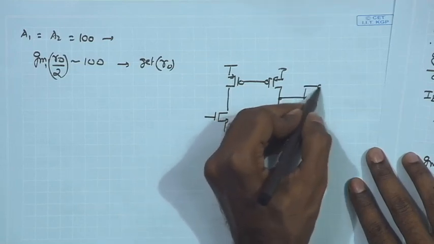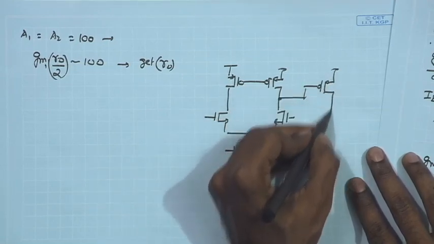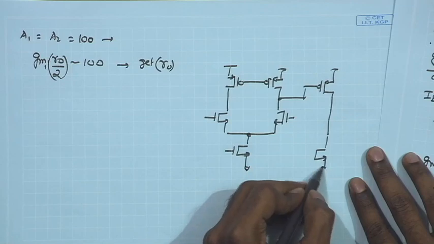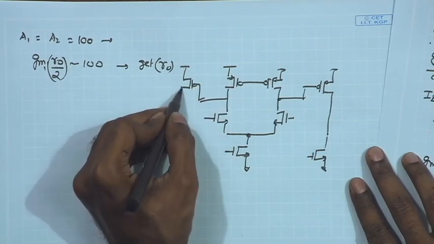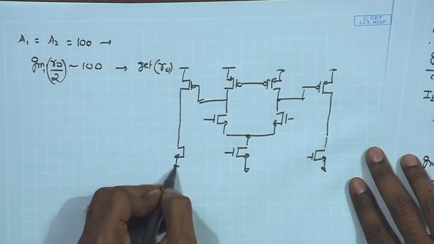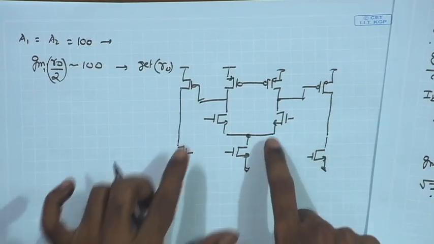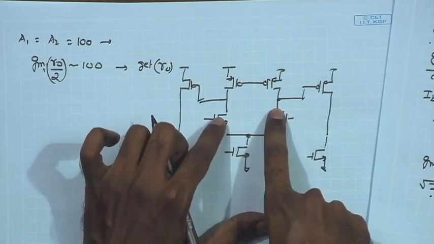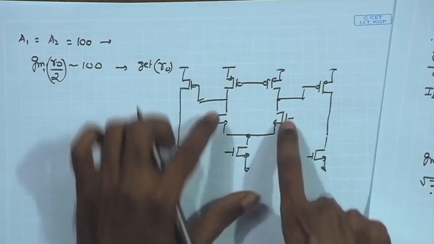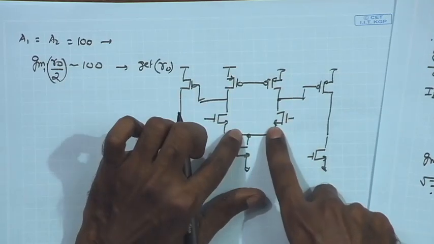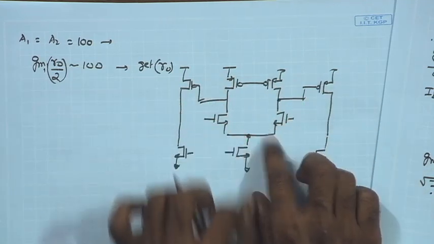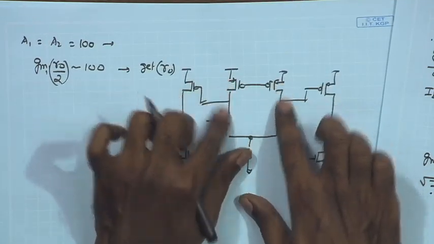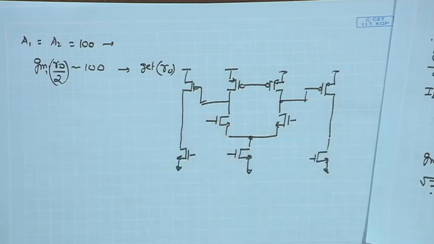So, once again, just for the sake of convenience, I am drawing the entire circuit, and the RO in the first stage is going to be the smaller RO of these two. So, first stage RO is going to be determined by RO P parallel RO N for the differential operation, and assuming that the bias currents in both of them are similar, the RO is going to be dictated by the channel length.